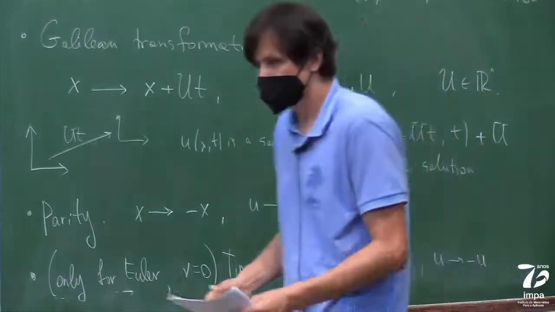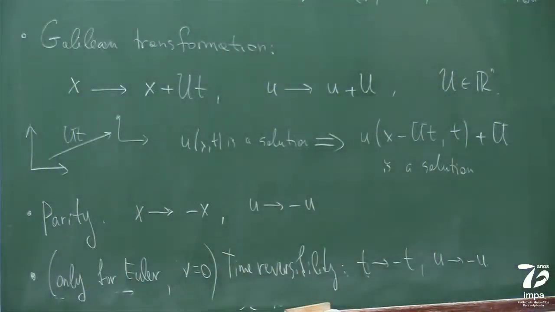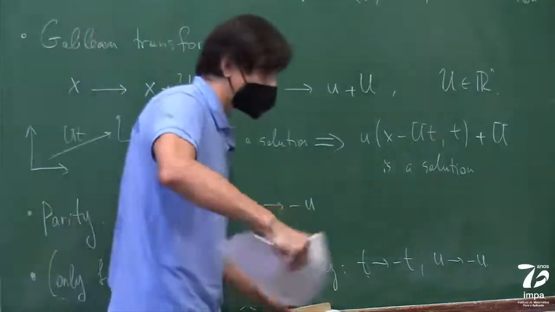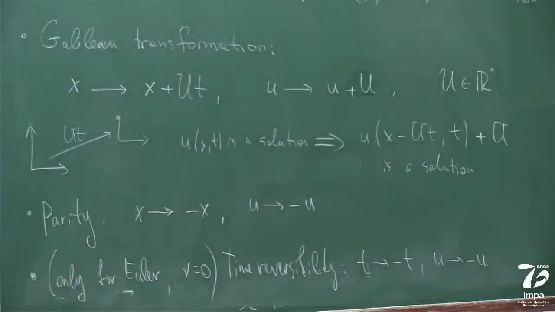It means that for the Euler system, if you have a solution going forward in time, and then take the same dynamics going backward in time and change the sign, it will also be a solution. So there is no difference between the future and past in that sense. But for Navier-Stokes, this is not true. Navier-Stokes clearly recognizes where is the future, where is time, because of the viscous term.